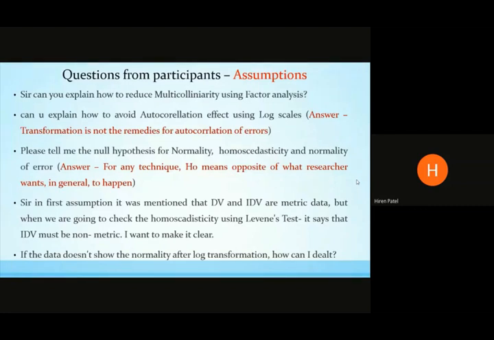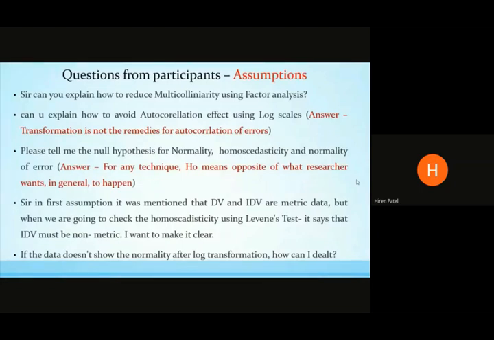Can you explain how to avoid the autocorrelation effect using the log scale? I assume that whosoever has asked this particular question would be from the field of finance, because I too belong to the field of finance, and generally we finance people play with the time series data.